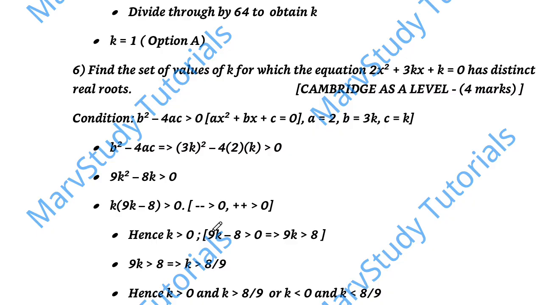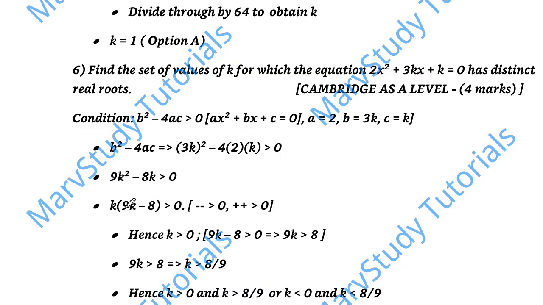But if we study this closely, if you study inequality, look at k bracket 9k minus 8 greater than 0. The only values that are going to satisfy this inequality are when k is greater than 8 over 9 and when k is less than 0.